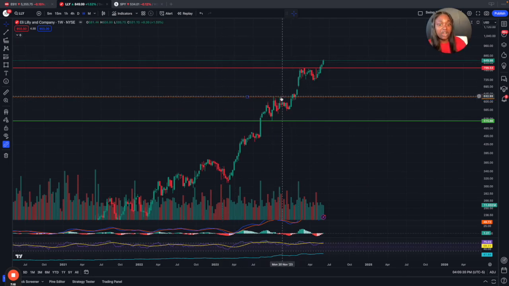Now, if we caught this level here because it was previous resistance that turned into support, where is the support from the highs that we got here at the 800? If you have problems with that, simply use your cursor. If this was the high, where's the next low we see? Down here, right here. If I look across, look at all the support that came in there as well, right?